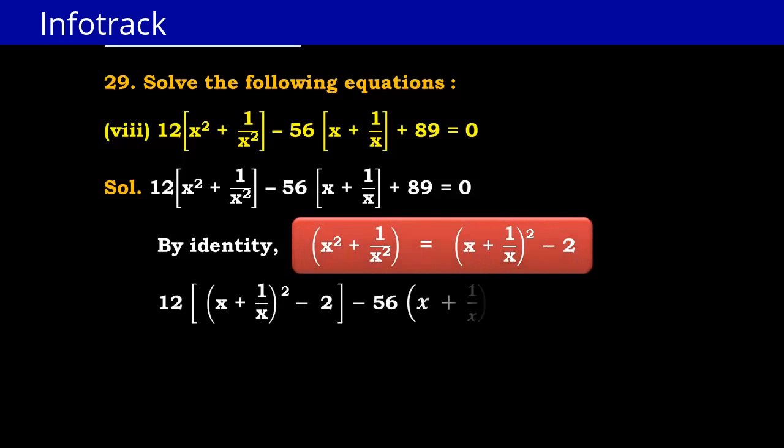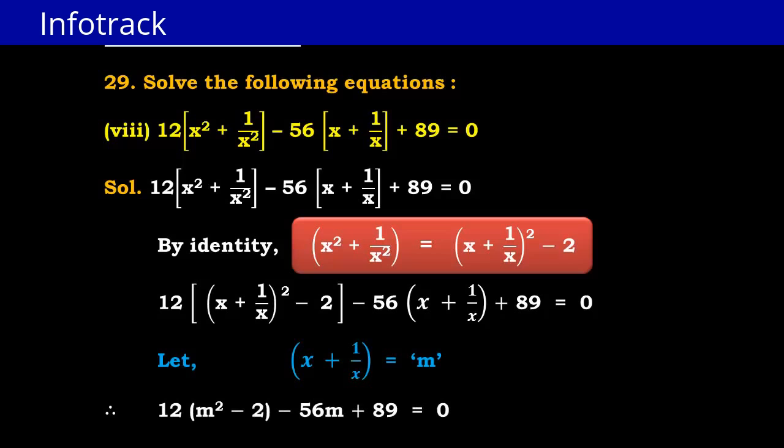We get 12[(x + 1/x)² - 2] - 56(x + 1/x) + 89 = 0. So we can assume x + 1/x = m. Therefore we get 12(m² - 2) - 56m + 89 = 0.